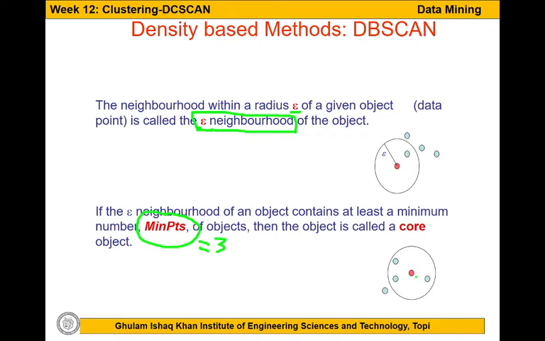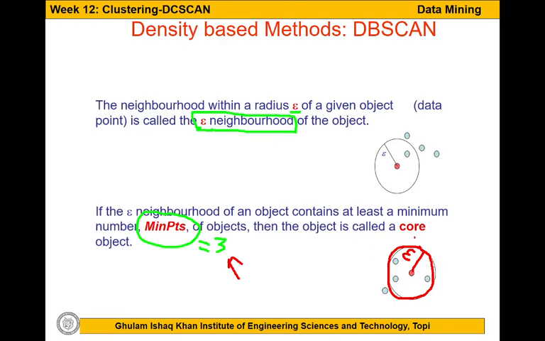We will be selecting an object, if you see here. Now, within its E neighborhood, the distance of E can be any distance measure. We have to see that at least this many points should be there, right. So, if you see here this red point, within its E neighborhood 3 other nodes of the graph are available.